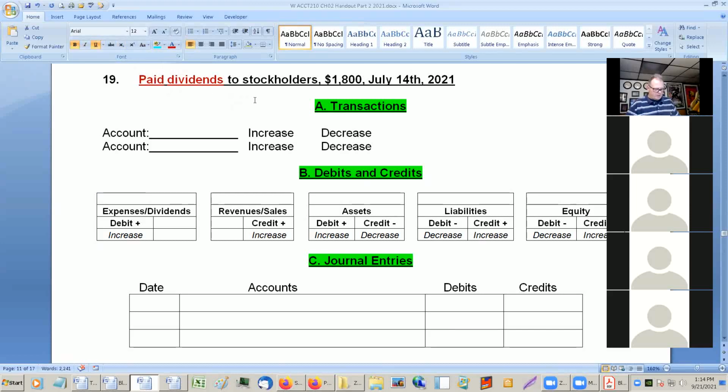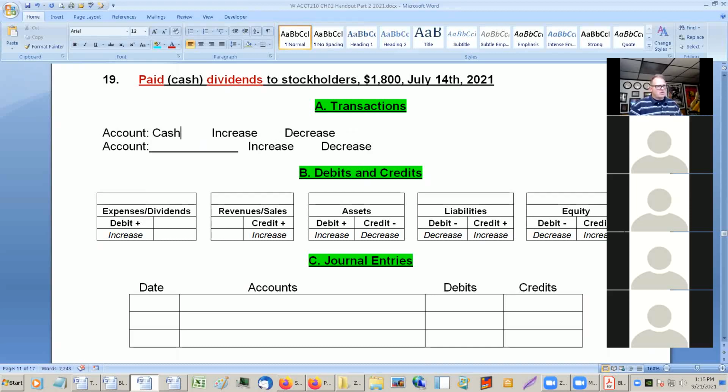So we paid dividends to stockholders. Let's take the easy account. Cash going up or down? Down. So cash is going down.